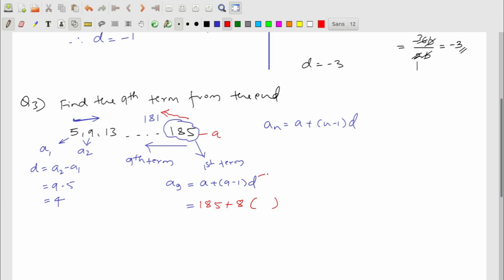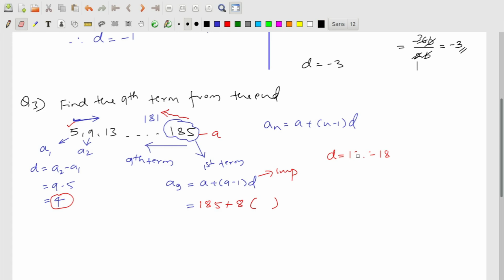This part is important, taking d. You are not supposed to take d as 4 here, right? The common difference d will be 4 if the AP starts from here, but here our AP starts from 185, right? So now the common difference in the second case will be 185 minus 180, sorry.